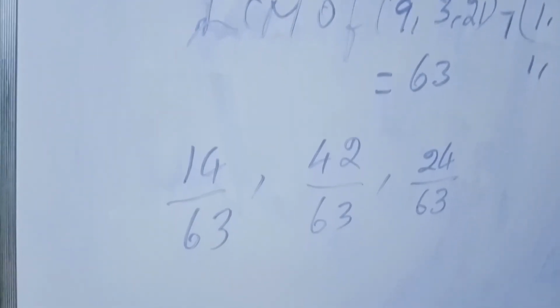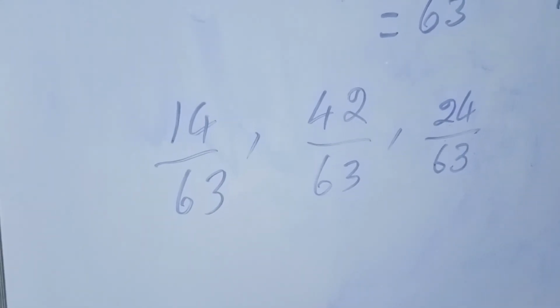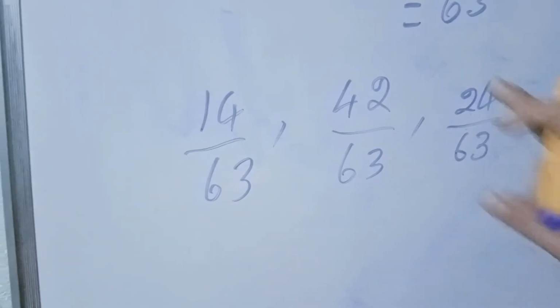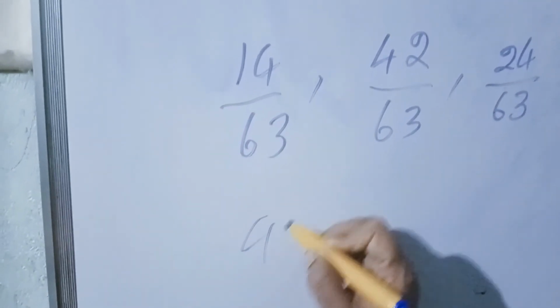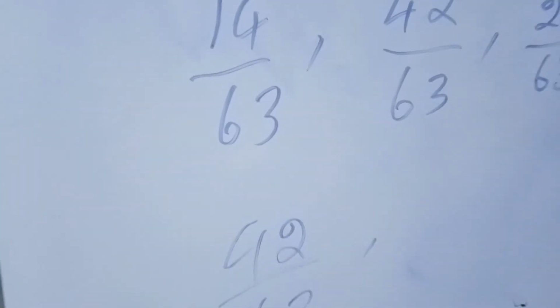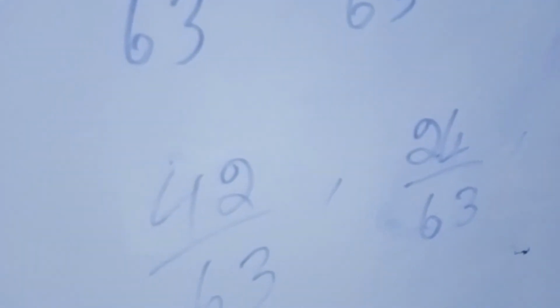Now this is like fraction. You can check which one is the big number because we have to write in descending order. Descending means big to small. Okay. Which one is the big number here? 42. So 42 by 63. The next one, 24. So 24 by 63. The next one, 14 by 63.